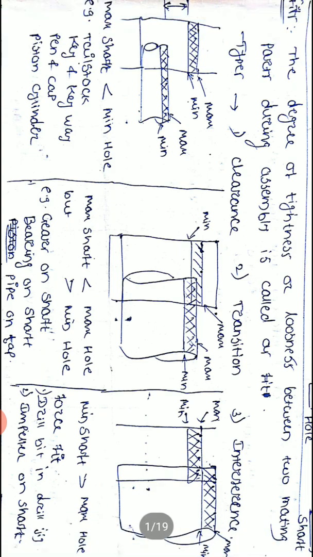After that, the next one is transition fit. In transition fit, the maximum limit of the shaft is less than the maximum limit of the hole, but greater than the minimum limit of the hole.